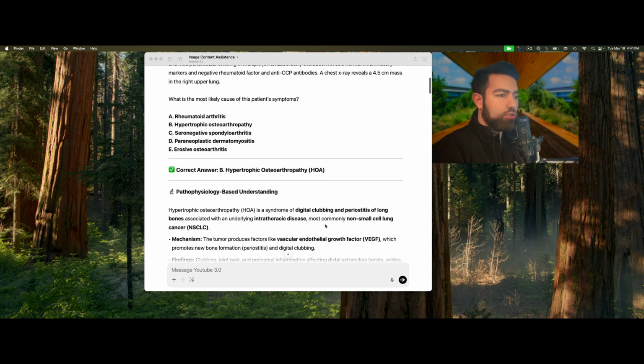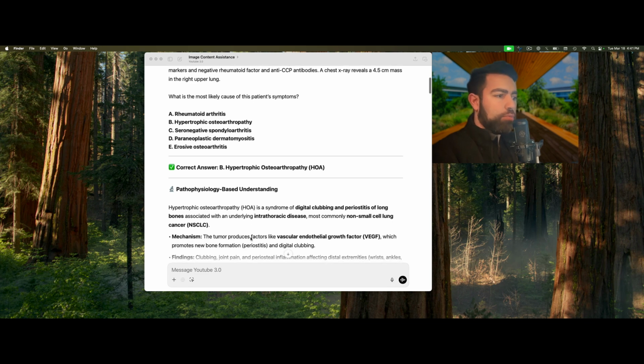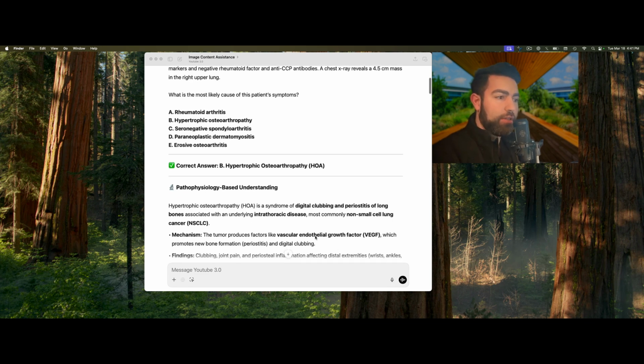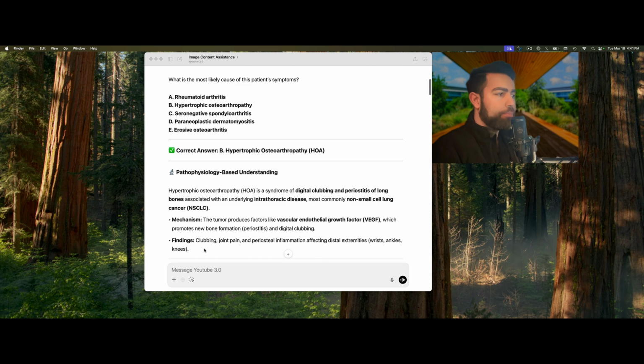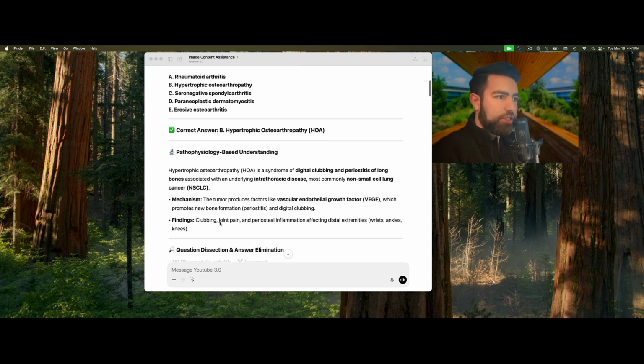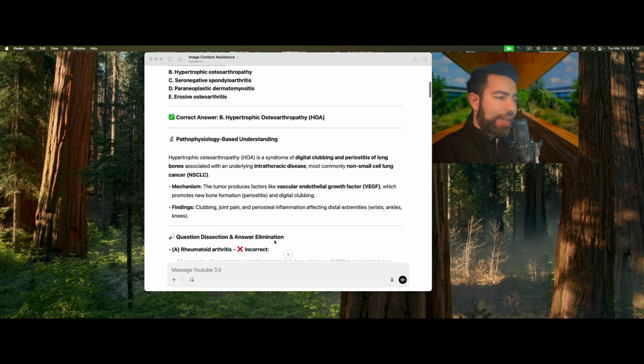Remember that. Most commonly non-small cell lung cancer, or NSCLC. The mechanism is that the tumor produces factors like vascular endothelial growth factor, or VEGF, which promote new bone formation, causing periosteitis and digital clubbing. So the findings of clubbing, joint pain, and periosteal inflammation affecting especially the distal extremities are very, very suggestive of HOA.